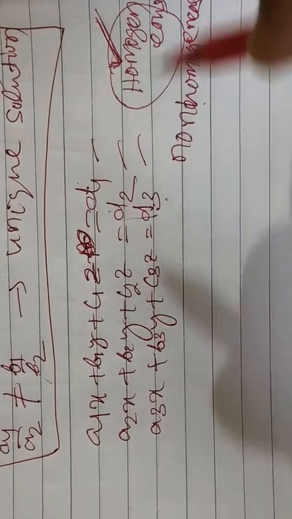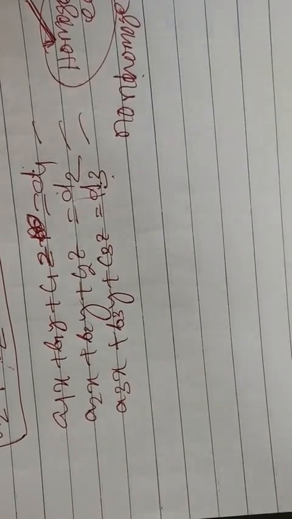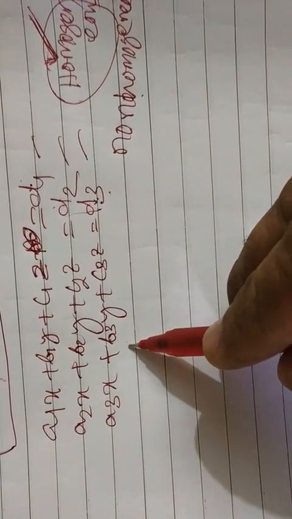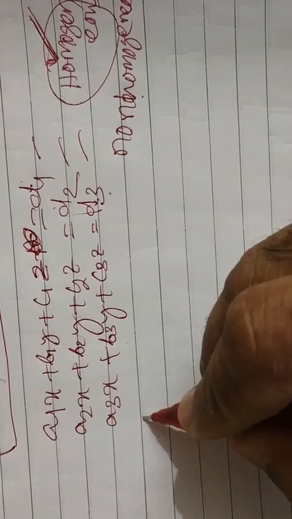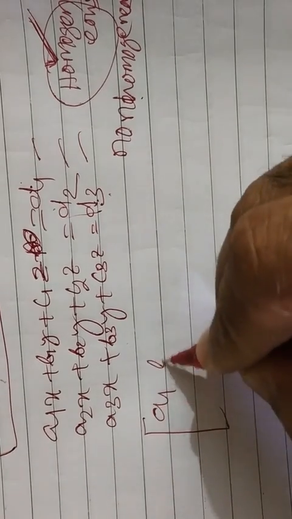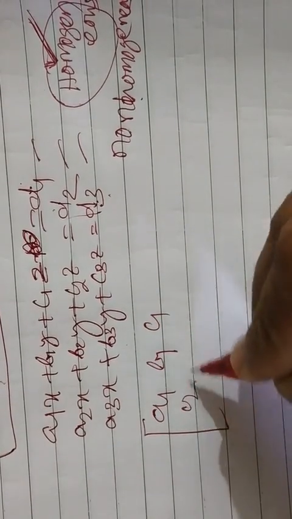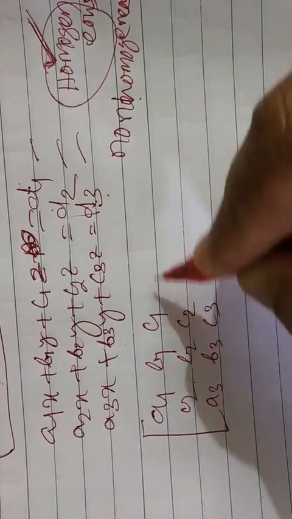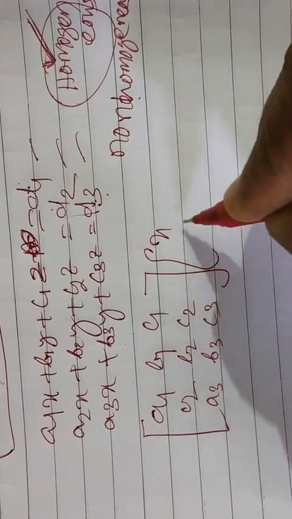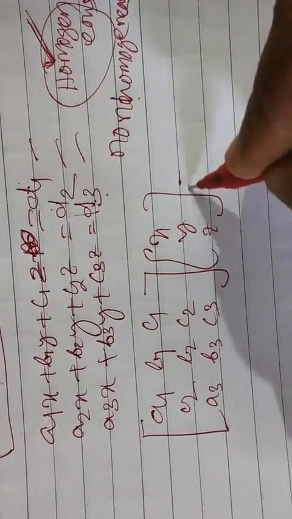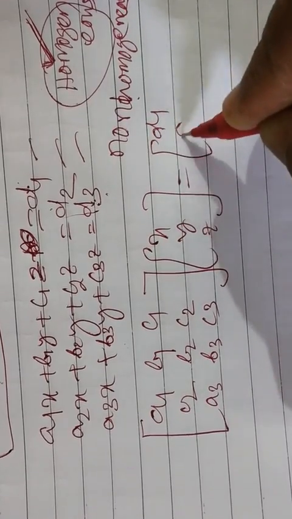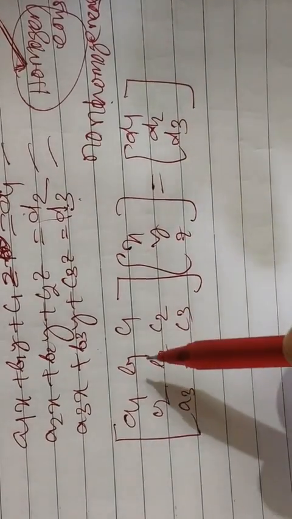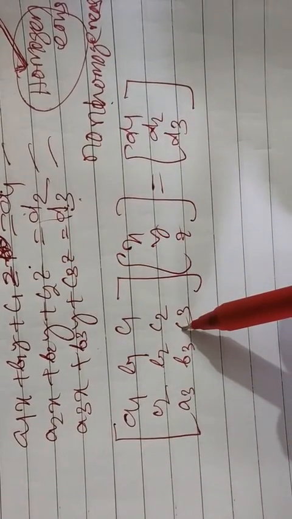Now, first of all, we shall take the system of non-homogeneous linear equations. I can write this system using matrices as the matrix with rows a1 b1 c1, a2 b2 c2, a3 b3 c3, multiplied by the column x, y, z, equal to the column d1, d2, d3. This is its matrix form.